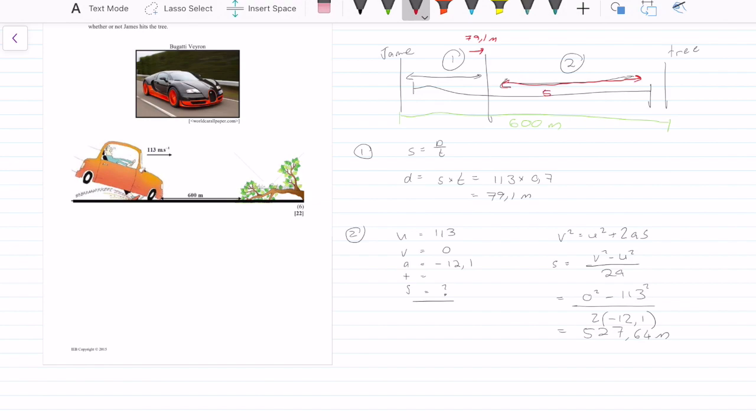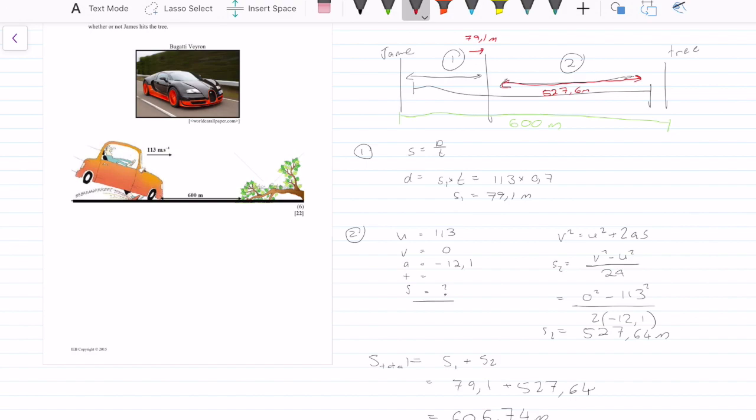So his distance here, just this distance, is 527.6 meters. Now let's work out his total distance. S total is equal to S1 plus S2, which gives us 79.1 plus 527.64, which gives us a total distance of 606.74 meters.